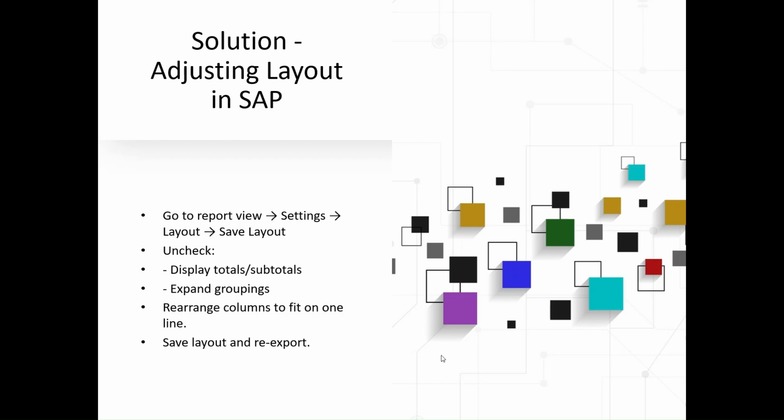Then you have to uncheck the following two options: number one is display totals/subtotals, and the second one is expand groupings. Then rearrange columns to fit on one line, save the layout, and re-export your data. When you follow these simple steps, your data will be more readable and presentable, and your problem will be solved.